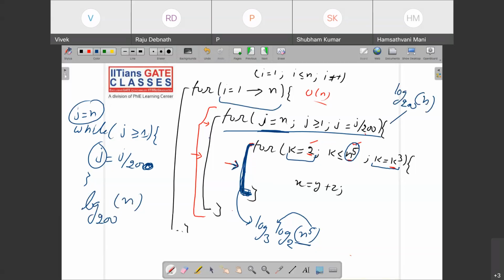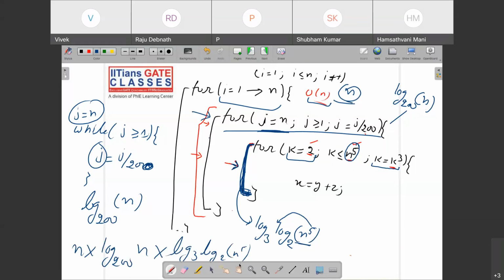What about the outside loop? It's order of n, or n, you can say. Now you have to multiply all these things, because this loop will run log base 200 n times, but again the outside loop is running n times, so it's n multiplied by log base 200 n multiplied by log 3 log 2 n raised to power 5.